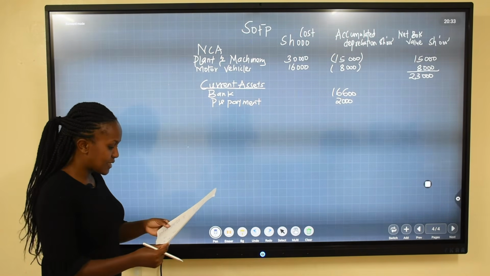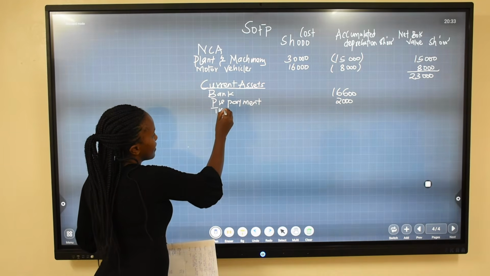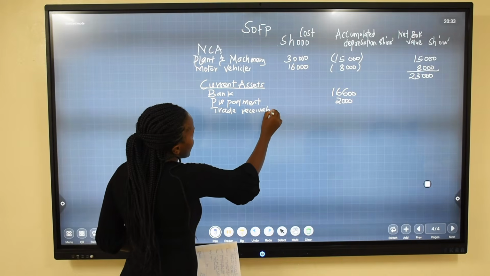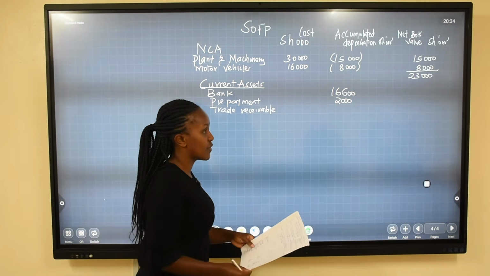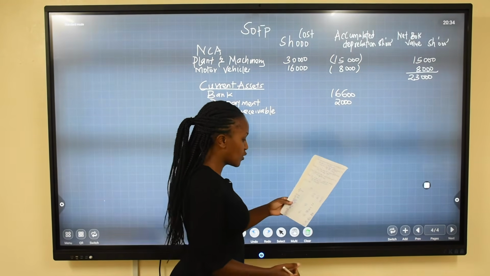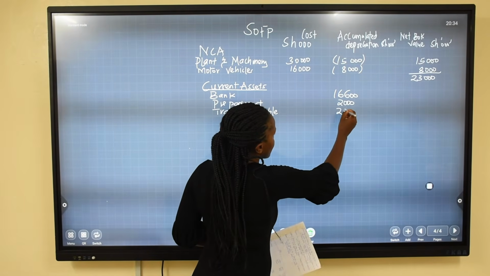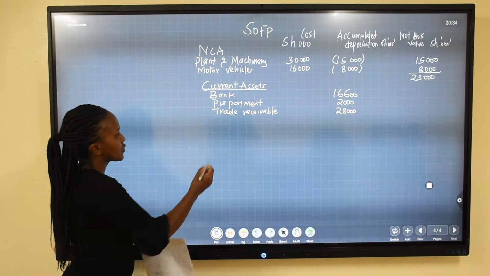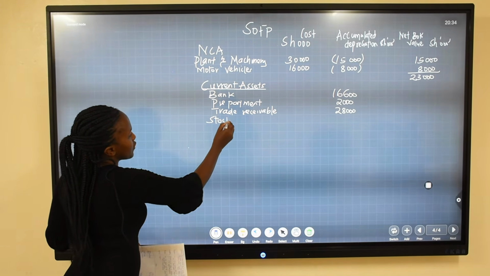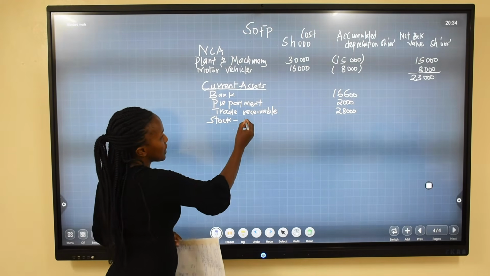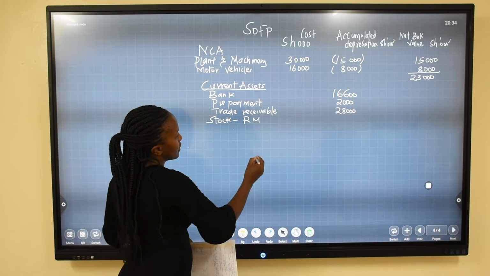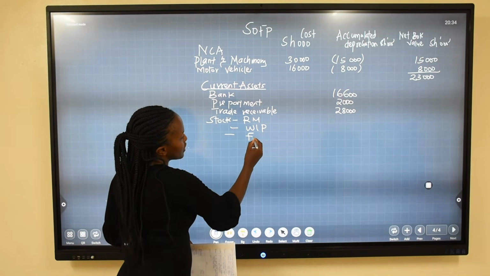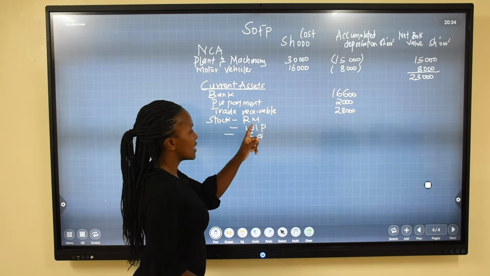So this one is an asset. The next one is trade receivables. Trade receivables, or another name for debtors. Had there been a provision for doubtful debts, we would also have adjusted. But there is no provision for doubtful debts, so we are going to just have 28,000. Then we have stock. This time, our stock is of 3 items. We have stock of raw materials, we have stock of work in progress, and we have stock of finished goods. So for the raw material, there is no issue.